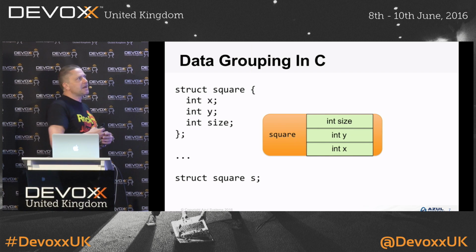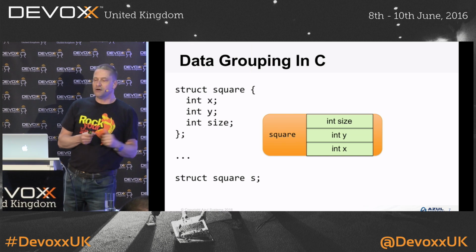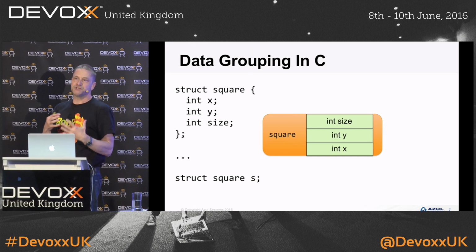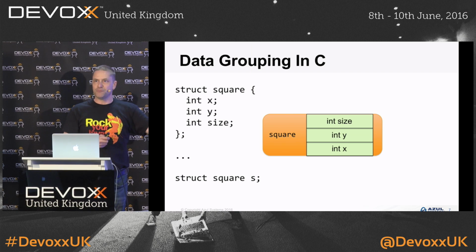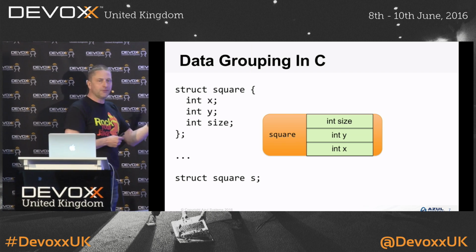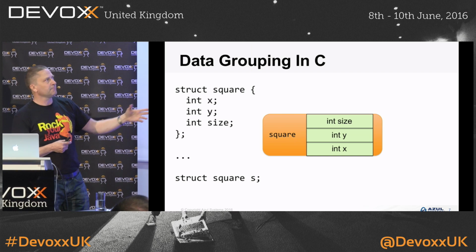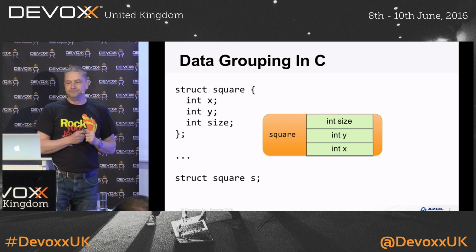If we want to group together some data in C, we might do it this way. Let's say I want to create a struct which represents a square. A square is going to have two ints which represent the x and y coordinates of one of the corners, and then another int which represents the size. I put that in a struct, and I've got my three values all grouped together.